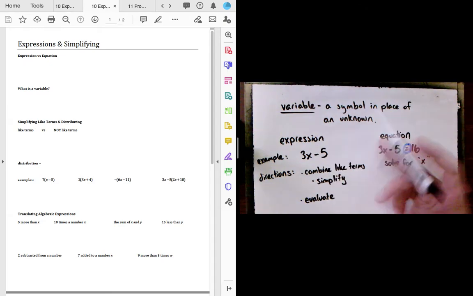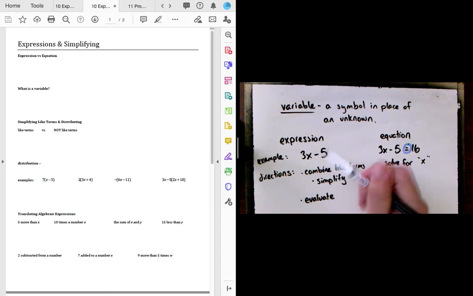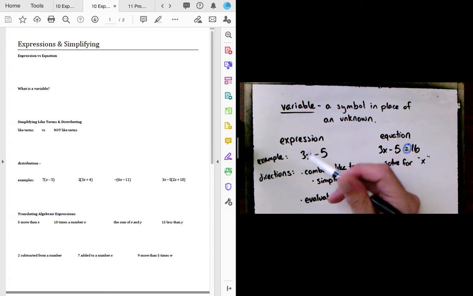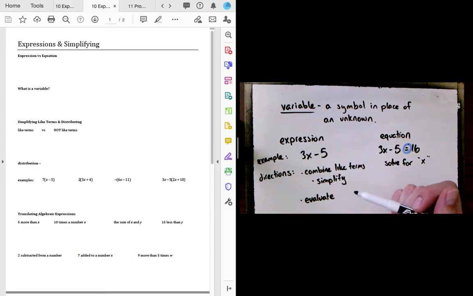To combine like terms, or to simplify, means that we look for lots of different values in an expression. Some of them may be similar and some of them maybe not. And our goal is to rewrite it in a simpler form by combining the ones that are alike together and then leaving the ones that are unalike apart.